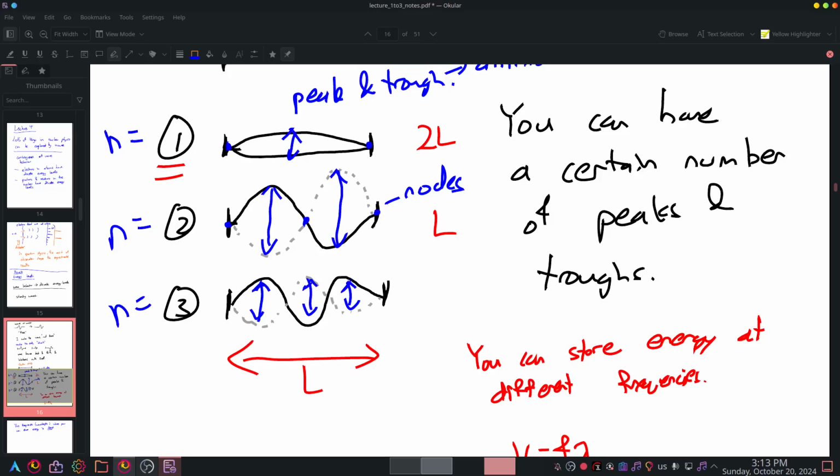But the long and short, if you want to skip the math, is that with standing waves there are only fixed levels of energy which you can store, because the wavelength and frequency are fixed or restricted. Why is this important for us?